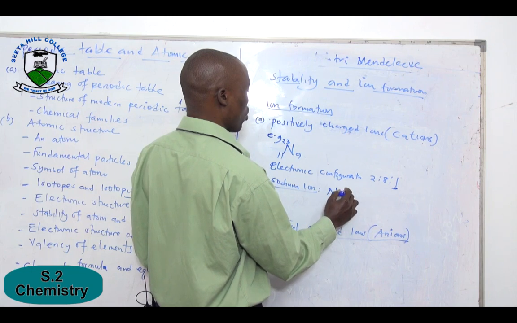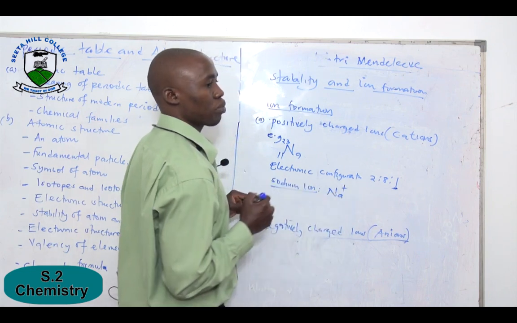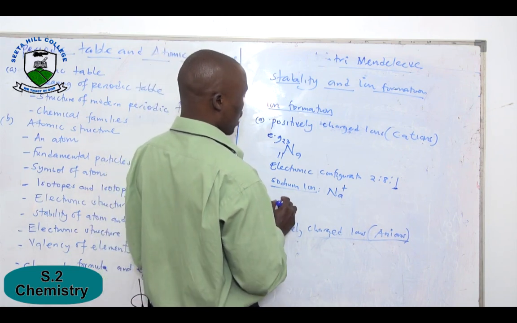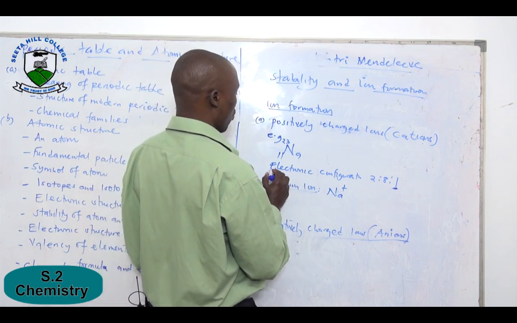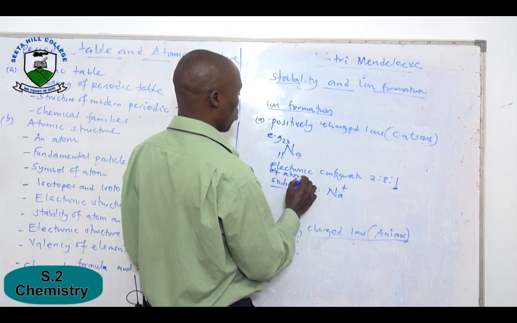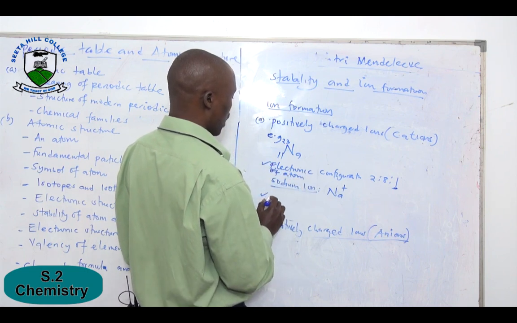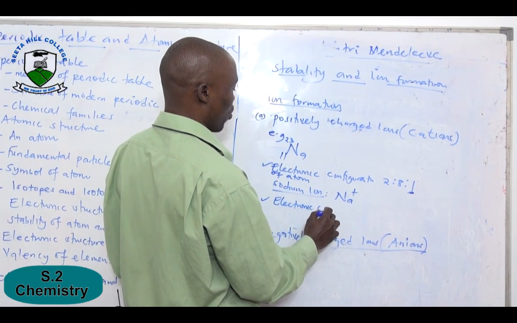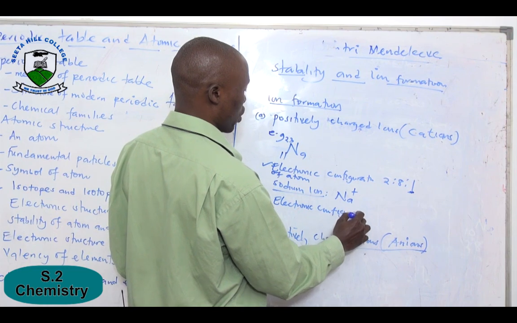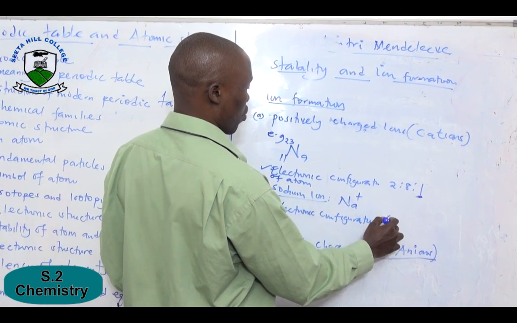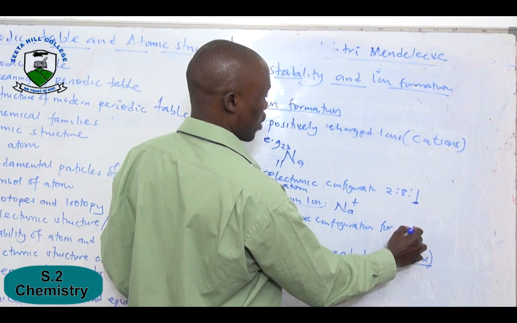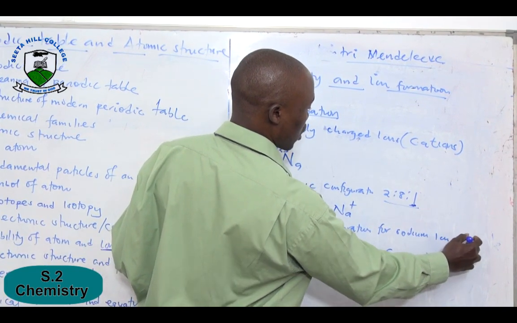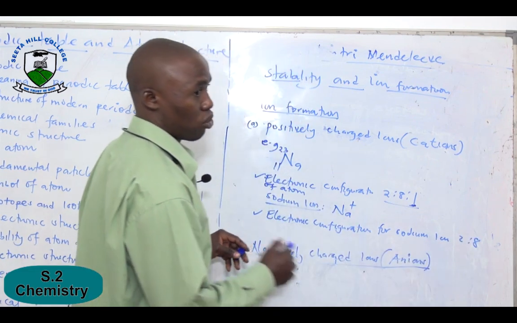Therefore the sodium ion will appear positive, with 1 positive. Then the electronic configuration of this one is for the atom. Then the one for the ion would be, who can guide us? What is the electronic configuration for the sodium ion? Because this is for the atom. This is after losing, not so?